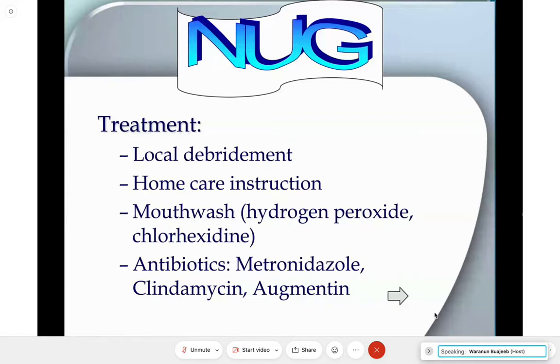Actually, the prevalence of NUG is quite low in Thai patients, but for Caucasians it's not so low. In my experience, only foreigners get NUG, but not so often. Once in a while I see patients with NUG, but never in Thai patients yet.